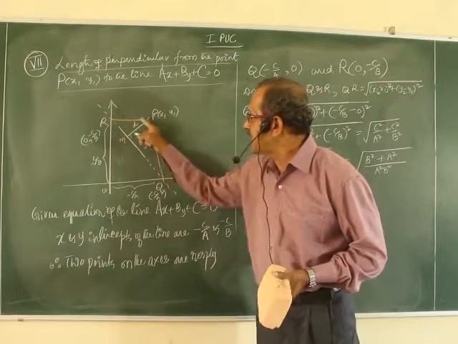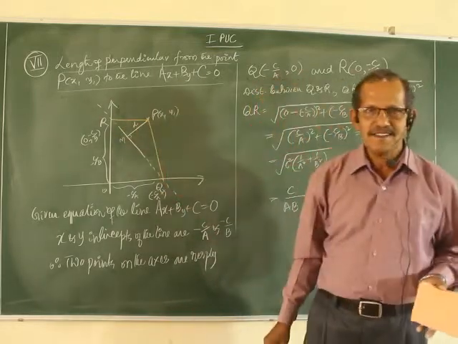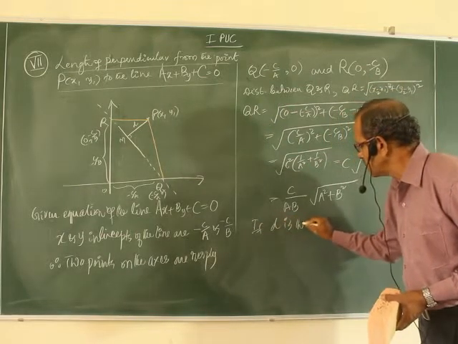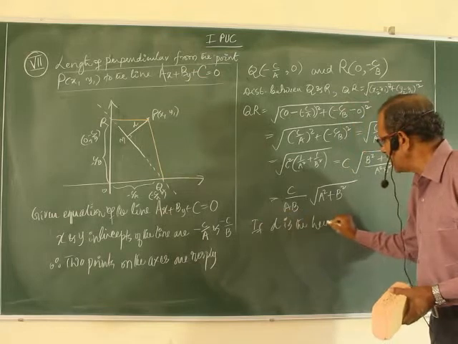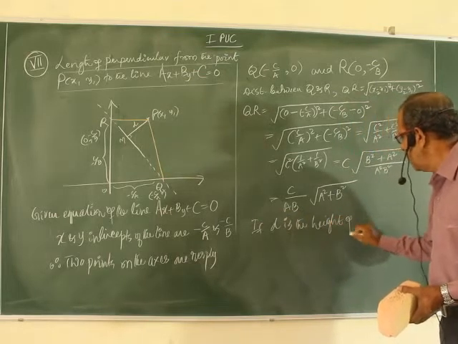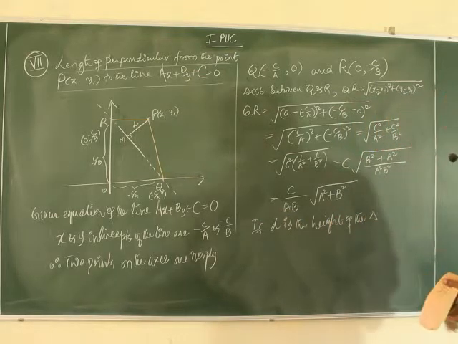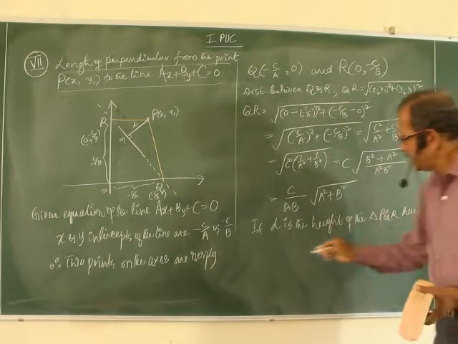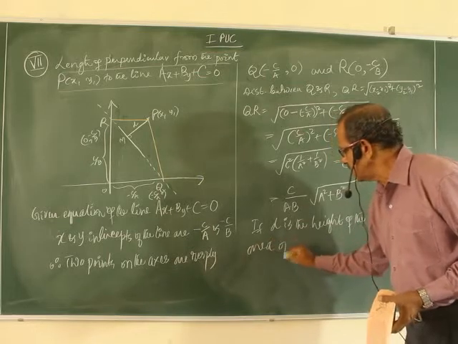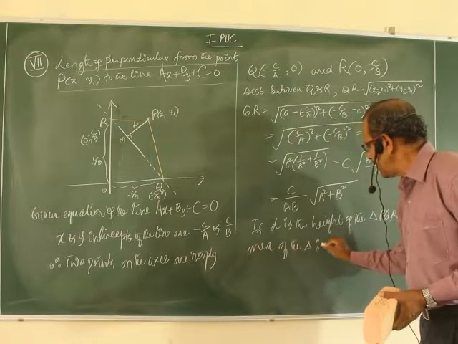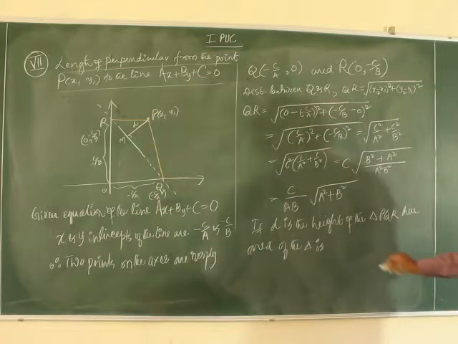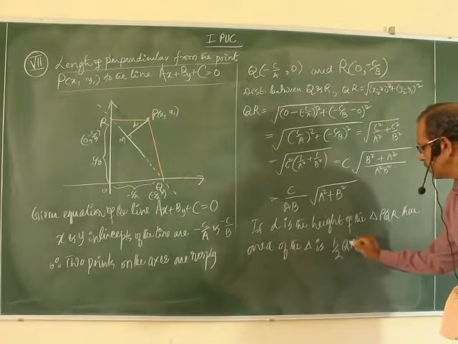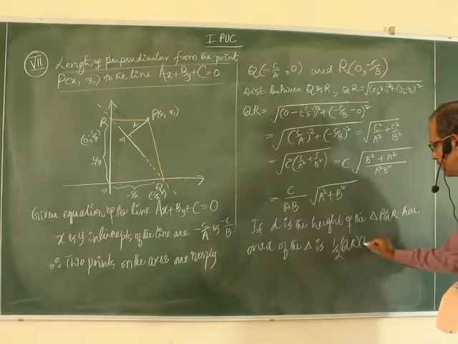I want to write the area of this particular triangle, that's all. If D is the height of the triangle PQR, then area of the triangle is half into base QR into height PM.